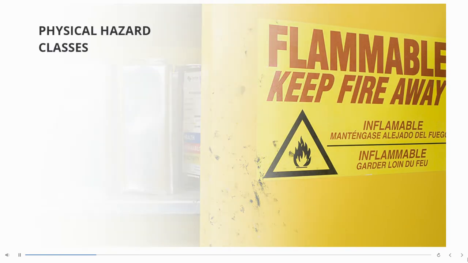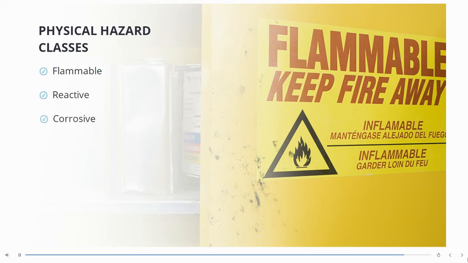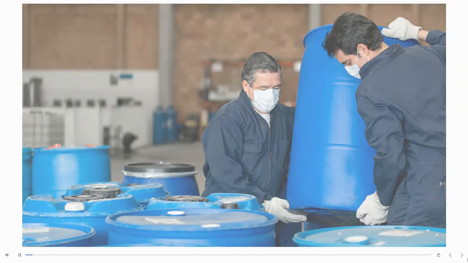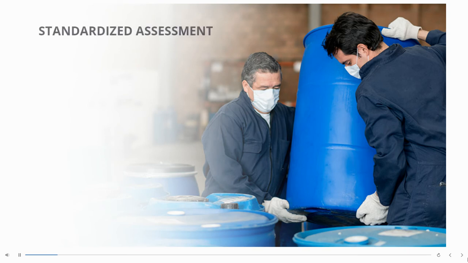As discussed in the introduction to WHMIS 2015, physical hazards groups are based on the physical or chemical properties of the product, such as flammability, reactivity, or corrosivity to metals. As a review from Part 1, health hazard classes identify the health hazards associated with the use of chemicals.